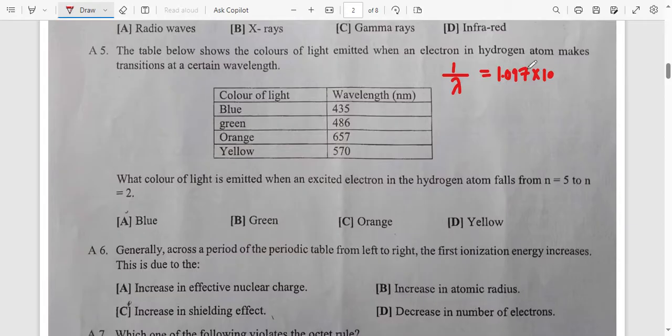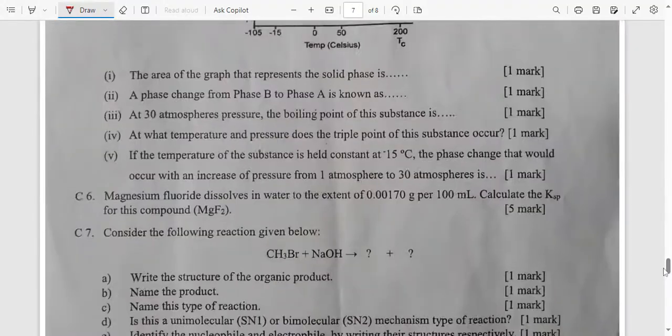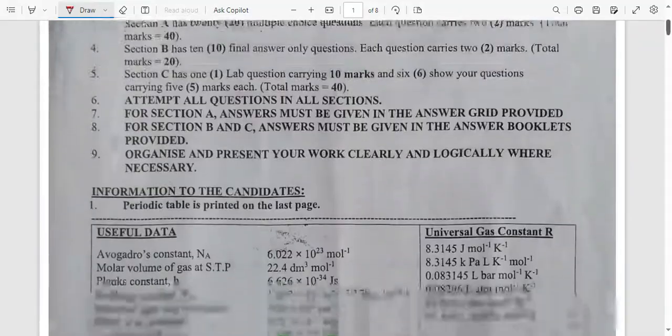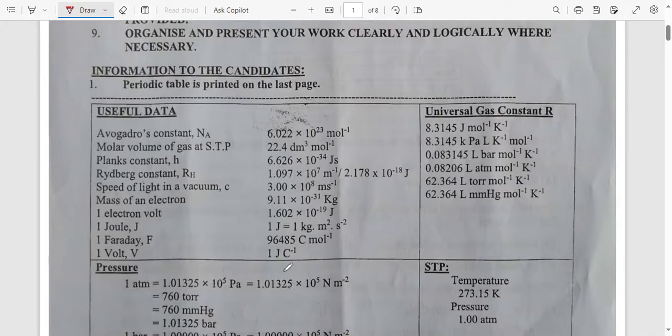You can remember, but this should have been given in the question. It's not something that you should master.